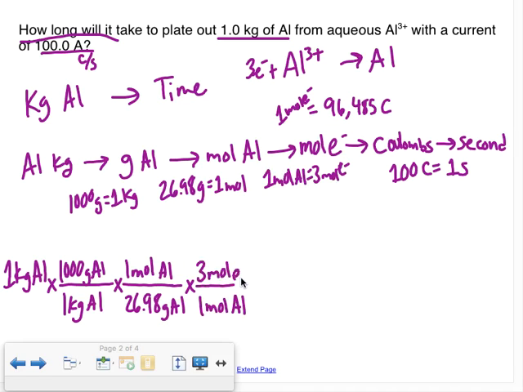Next step in the plan is moles of electrons to coulombs, so the charge. That's when we use Faraday's constant. 1 mole of electrons has a charge of 96,485 coulombs. And then last, to get to an amount of time, we can convert coulombs to seconds, because 100 amps means 100 coulombs per second.